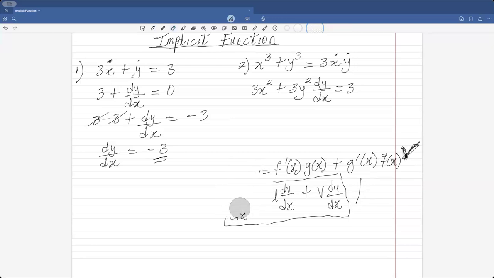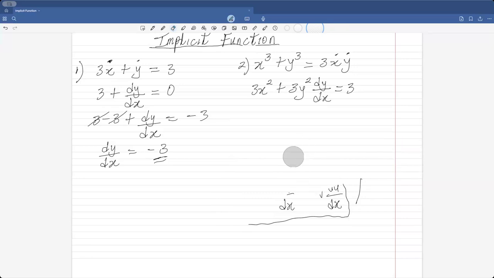If I am to use the second formula for product rule, which involves u and v, in this case I will call x u. That means u equals x and v equals y. So let us introduce it to the right-hand side.